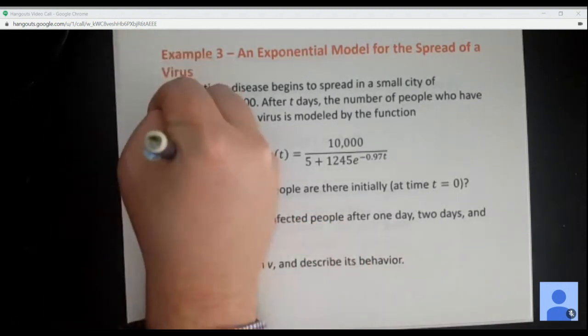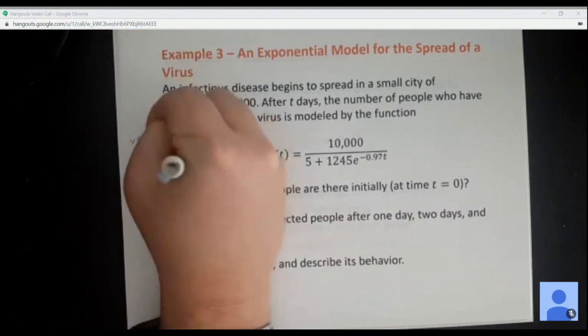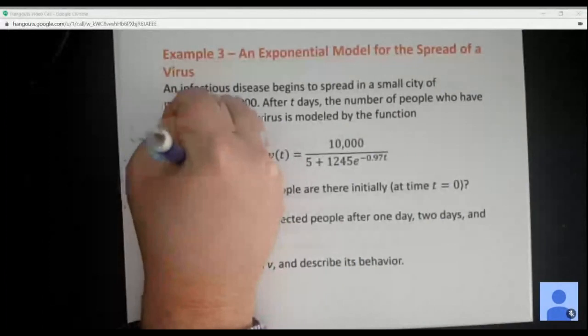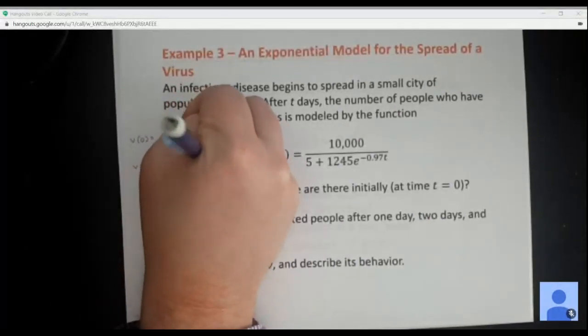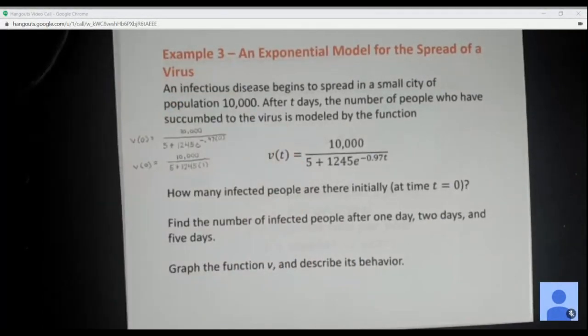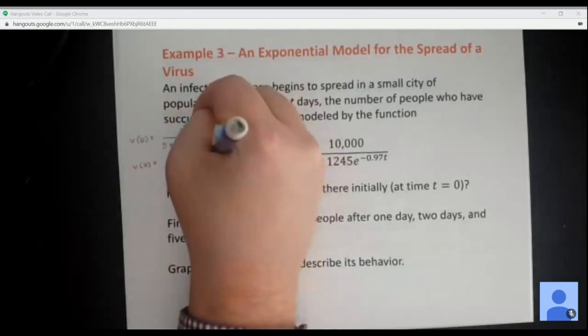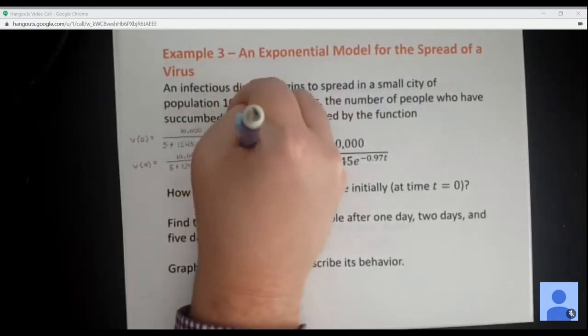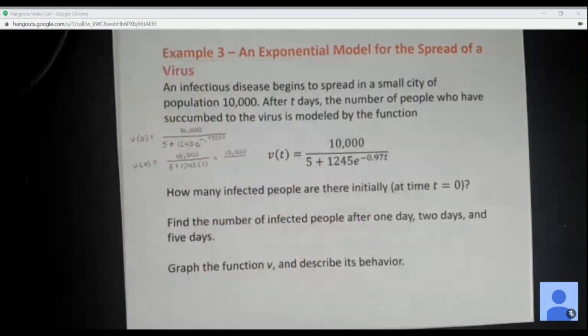And so what I have is 10,000 divided by 5 plus 1,245 times 1. Well, now I can just go ahead and add what's in the denominator. So we have 10,000 divided by, what are we going to get in the denominator?